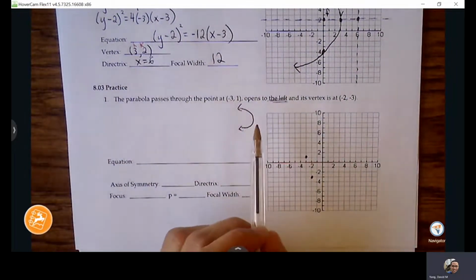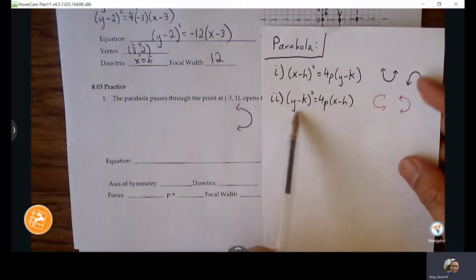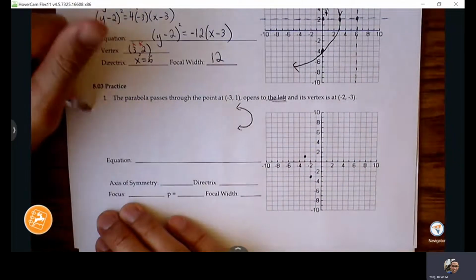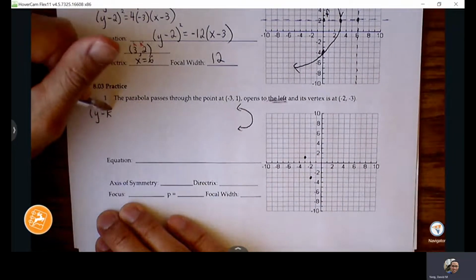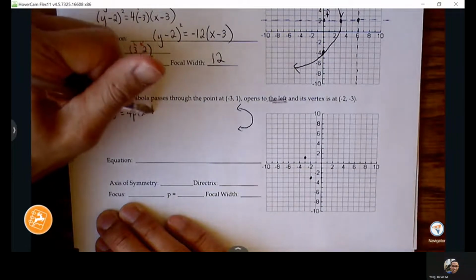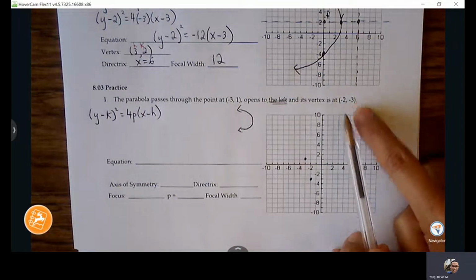Now, we know what formula to target, right? It's telling us it's opening left. So let's go ahead and write that equation down. What are the variables associated with the vertex?